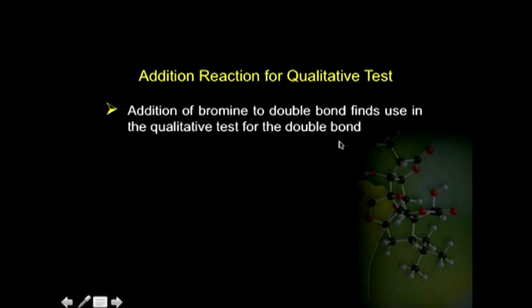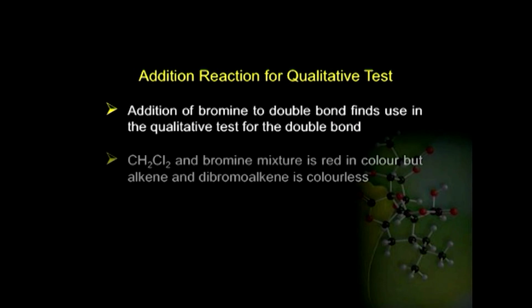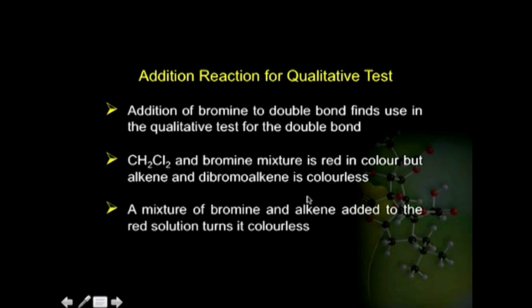Addition of bromine to a double bond finds use in the qualitative test for the double bond, and we observe that the dichloromethane and bromine mixture is red in color, but the alkene and dibromoalkane are colorless. So, when a mixture of bromine and alkene is added to the red solution, it turns colorless because of the formation of the dihaloalkane. Another important aspect of preparation of alkyl halides from alkenes is allylic substitution.